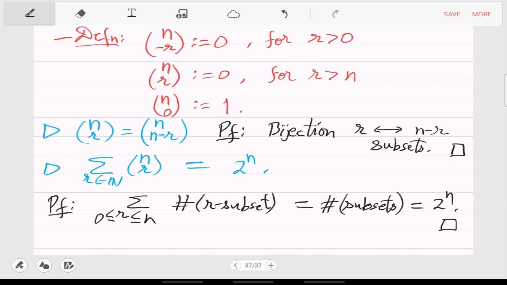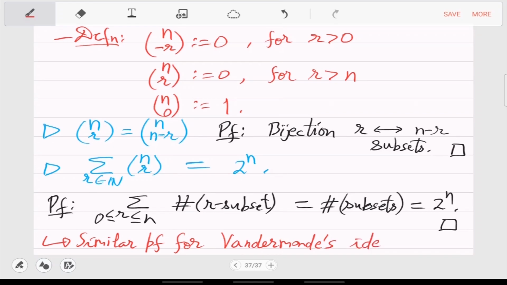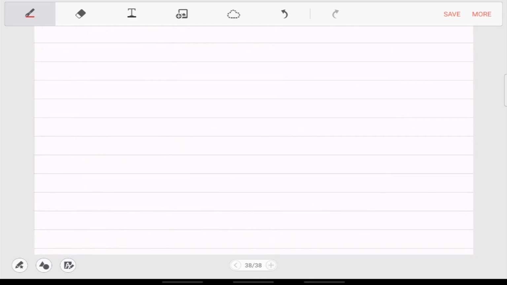And similarly, we can prove what is called van der Monde's identity, which is the following expression.